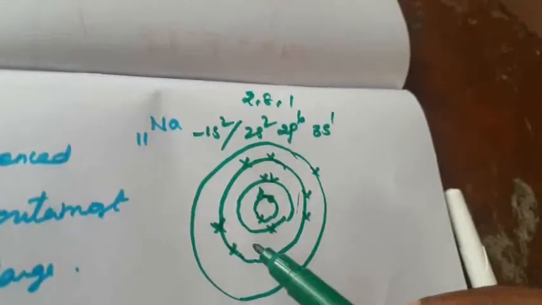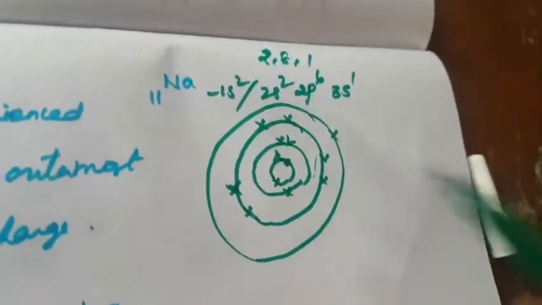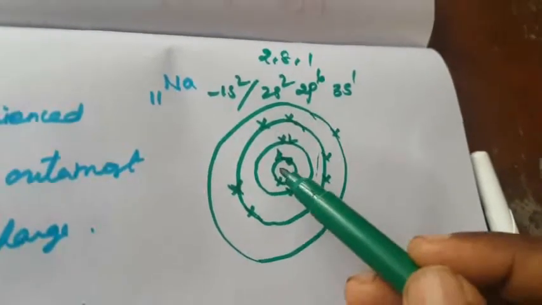These 8 electrons act as a shield for the valence electron. This is the nucleus, right?